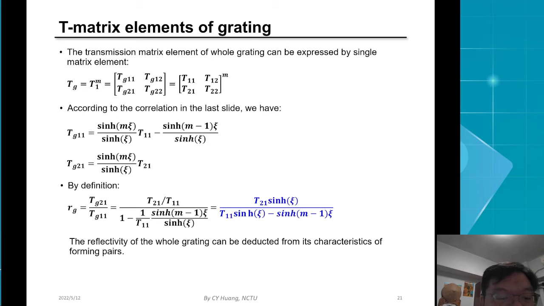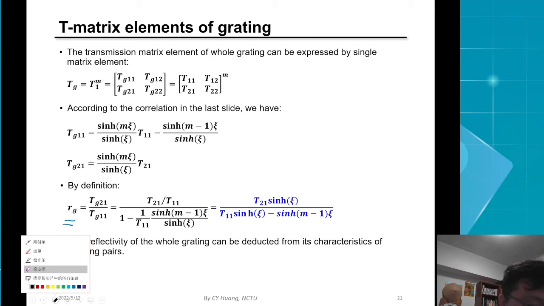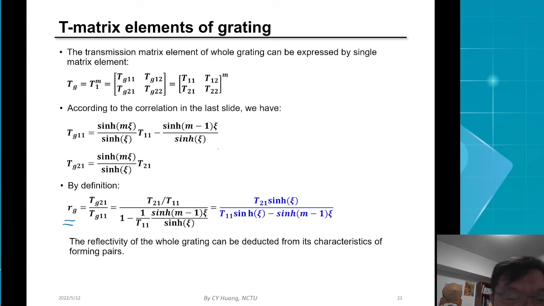With such a relation, we can still find the reflectivity of such a grating from TG21 and TG11. Since we have the TG like this, we can write out the matrix like this.